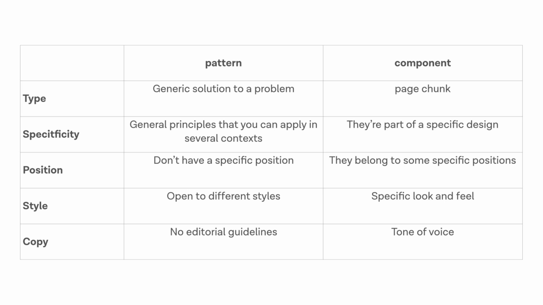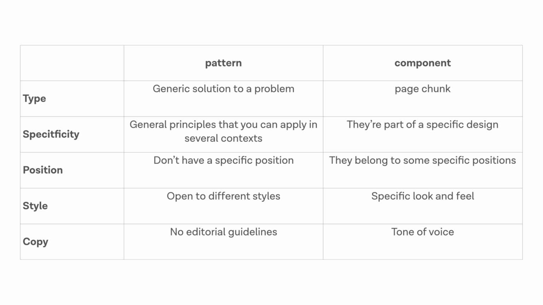I have met in my life some pretty senior designers who had a bad perception about the difference between patterns and components, and that's pretty weird in terms of experience and seniority. So patterns are generic solutions, and components belong to a specific design system.